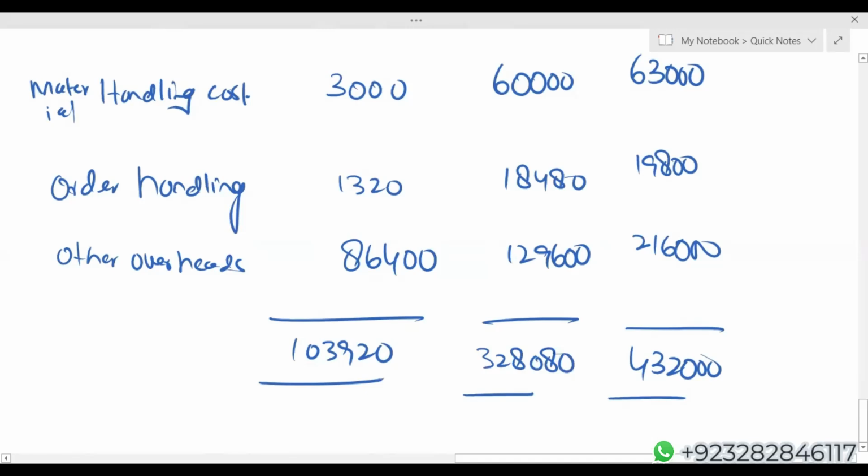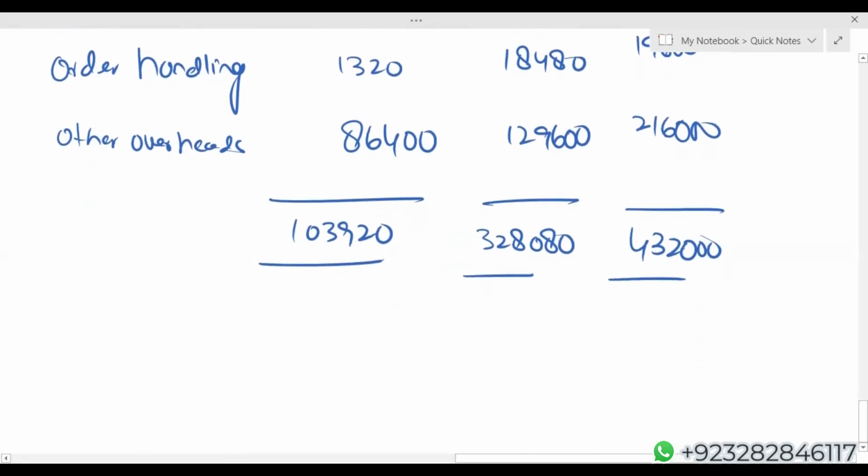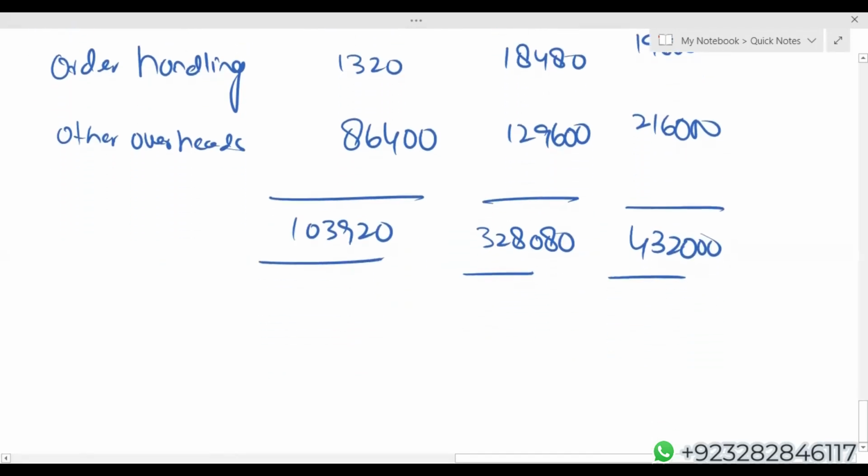3,28,080. It means that to produce 24,000 units of plus under ABC, the overhead which belongs to plus is 1,03,920. And to produce 24,000 units of double plus, the total overhead which belongs to double plus is 3,28,080. So look at this. Number of units, they are 24,000.